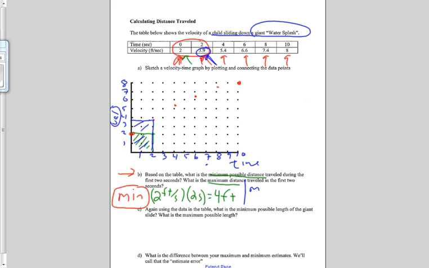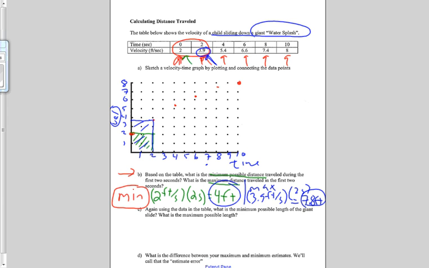So our maximum distance would be assuming that we were going 3.9 feet per second for 2 seconds, which equals 7.8 feet.